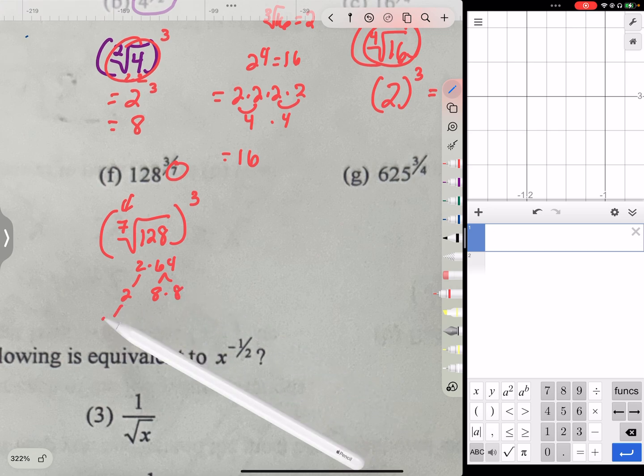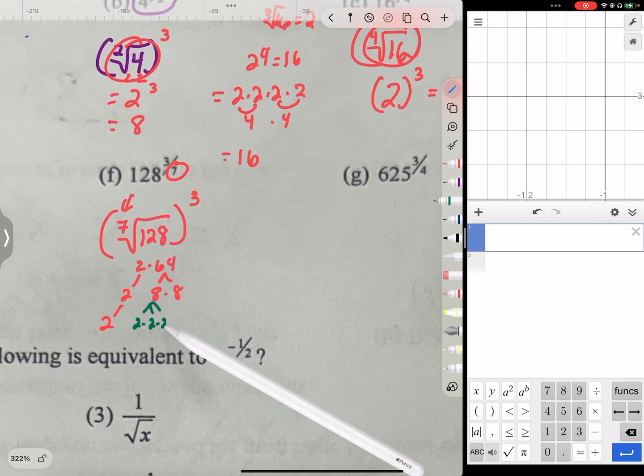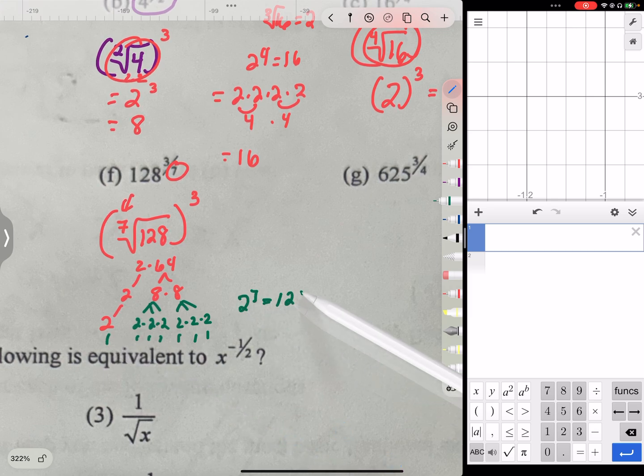And see, if we know where 8 comes from, in terms of twos, we know that 8 is 2 times 2 times 2, and this 8 is 2 times 2 times 2. So it looks like 1, 2, 3, 4, 5, 6, 7. So 2 to the 7th is 128. And therefore the seventh root of 128 is just a 2.